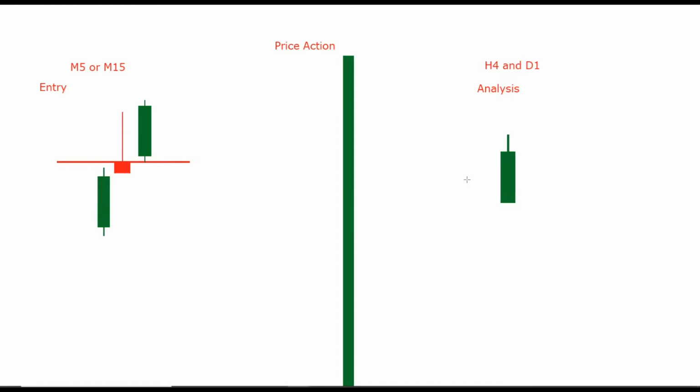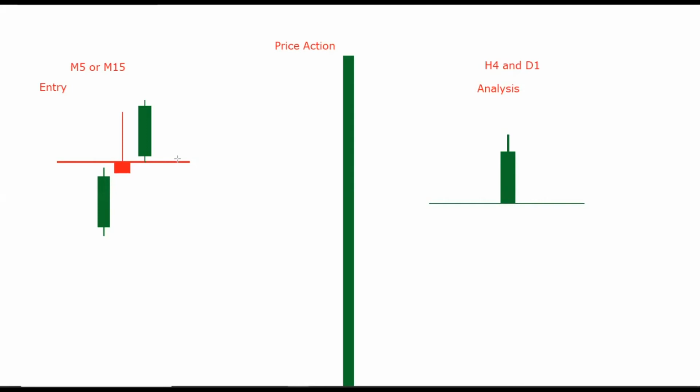So how do I enter a trade in this setup? I am looking for my support price to be in the higher time frame. This price is here on the support level. And if I've seen this in the lower time frame, I am not going to enter any trade.